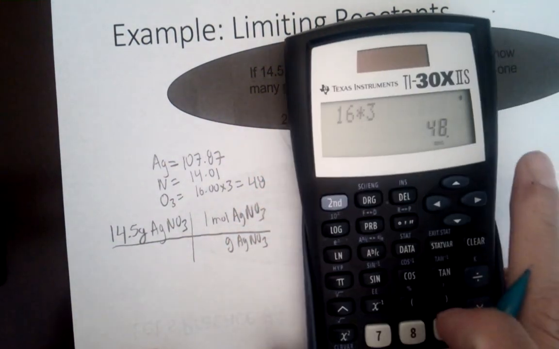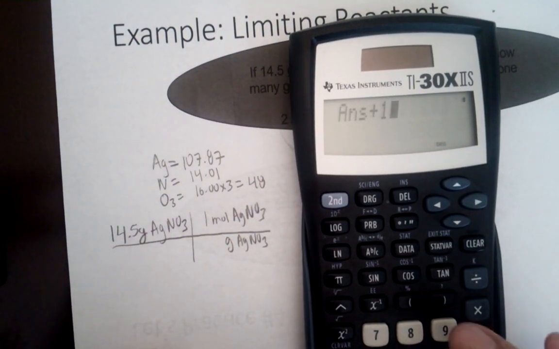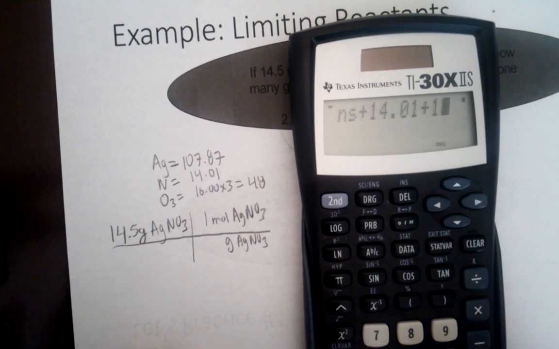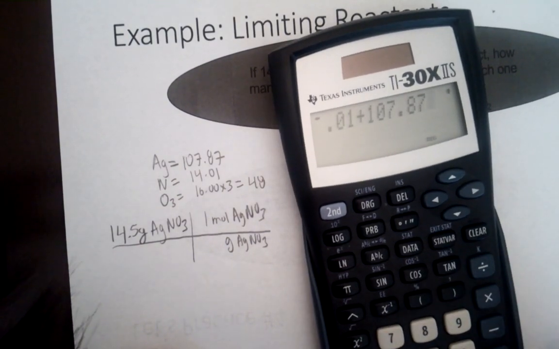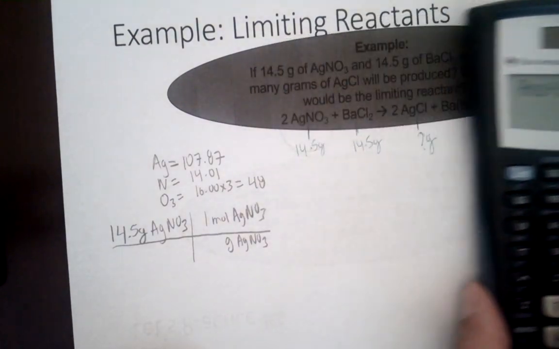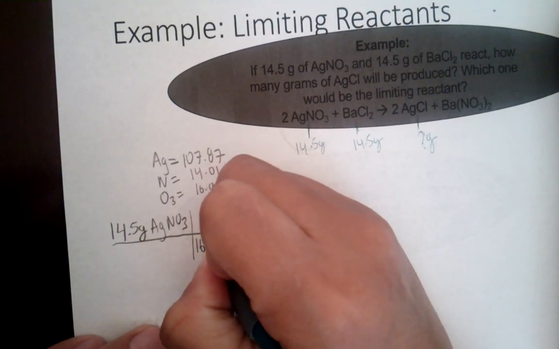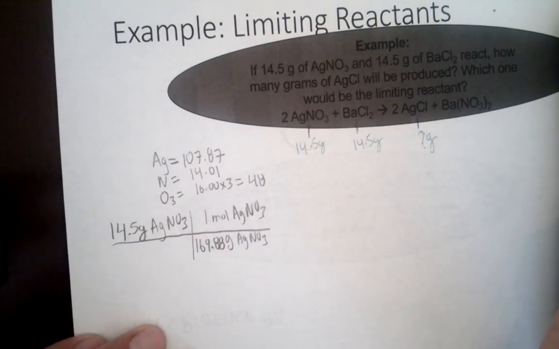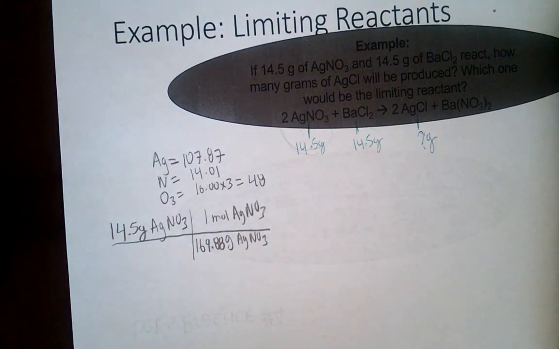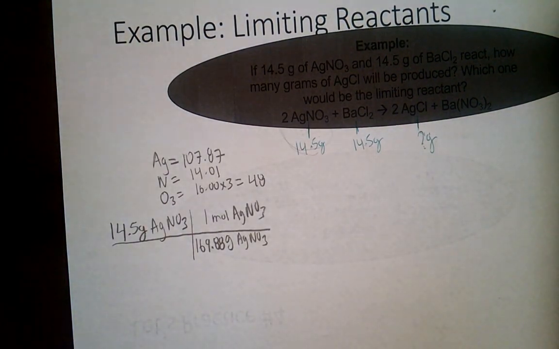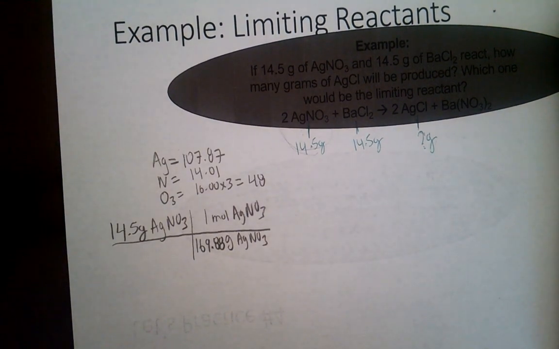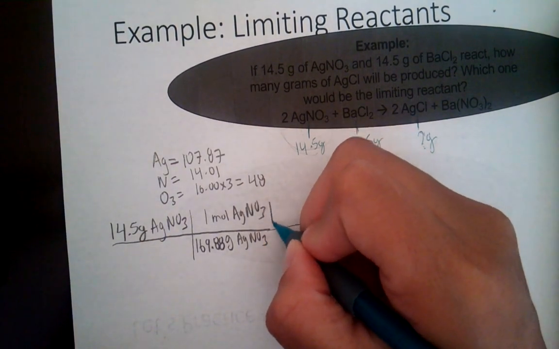And we're going to add 48 plus 14.01 plus 107.87 to give us a grand total of 169.88. That is the molar mass of AgNO3. Okay, and again, always check your work.